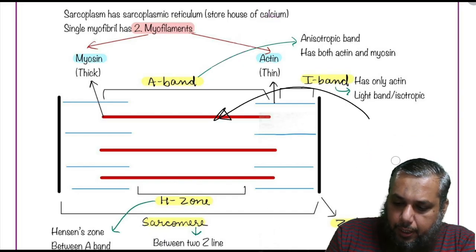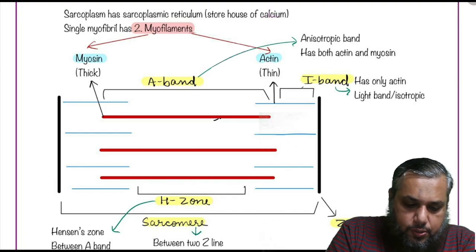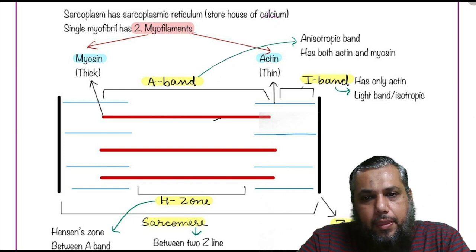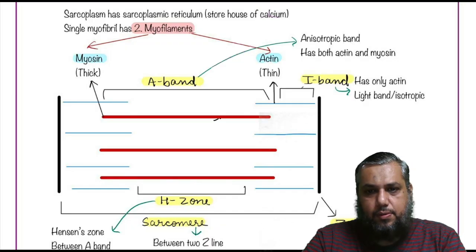So that is why I've been repeating, and you're supposed to learn that part, that one sarcomere shows the presence of a full dark band and two half light bands on either side.